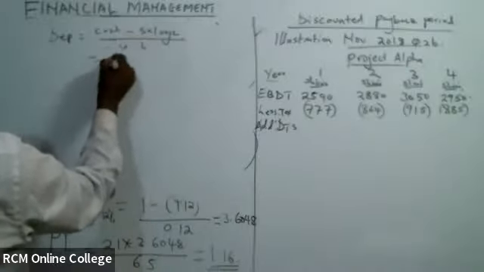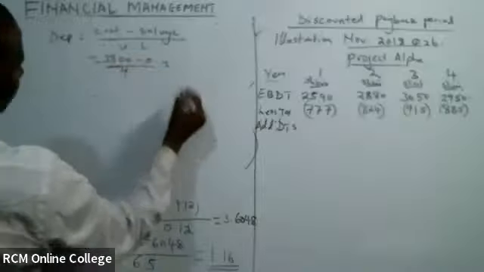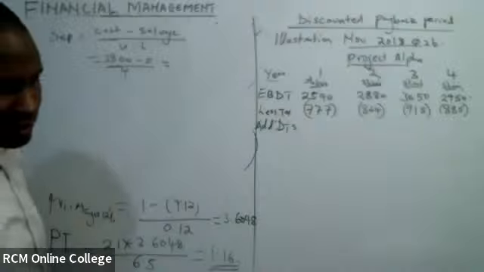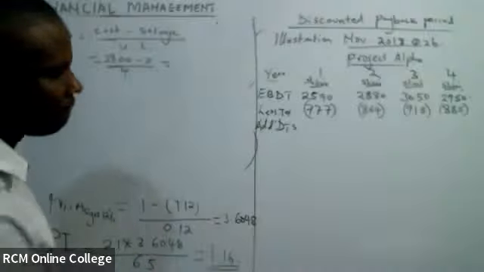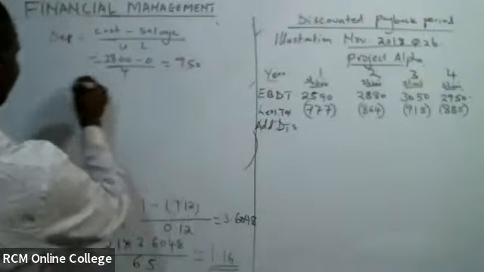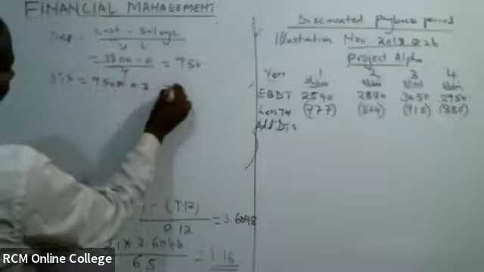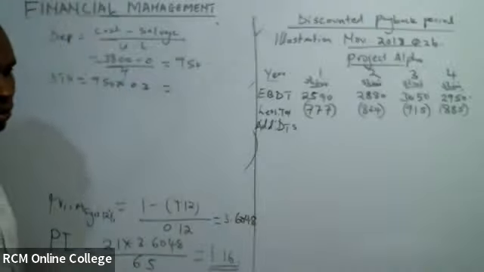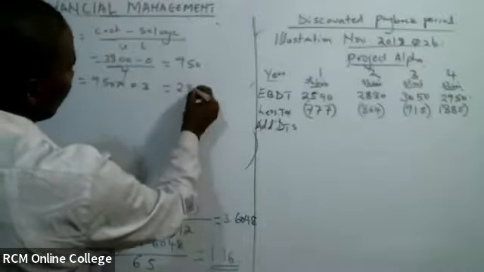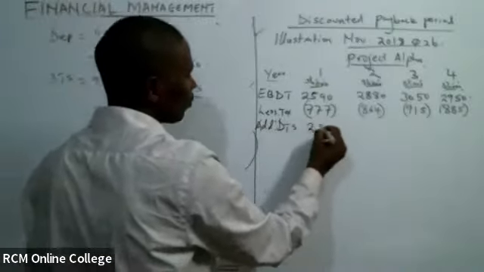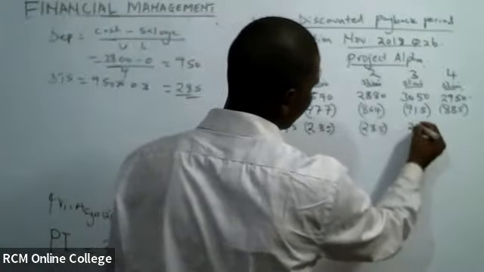Salvage is 0, so 3800 minus 0 divided by 4 is 950. So I get my DTS by taking 950 times 0.3, which is 285. And that is my DTS throughout.